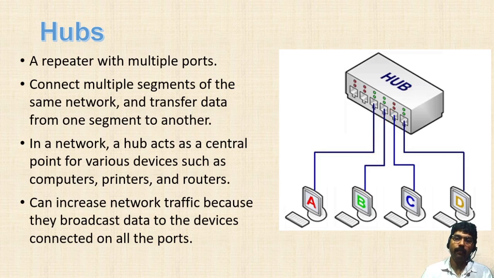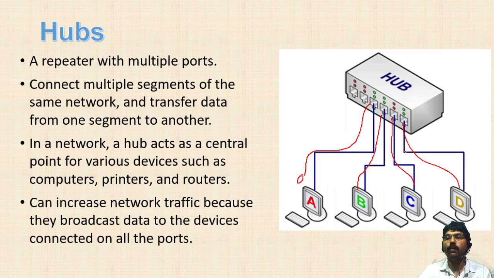For example, if computer A wants to transmit some data to computer C, it transmits that data to the port here, and the hub broadcasts this data to all the other devices. It will send it to B, it will send it to C, it will send it to D.